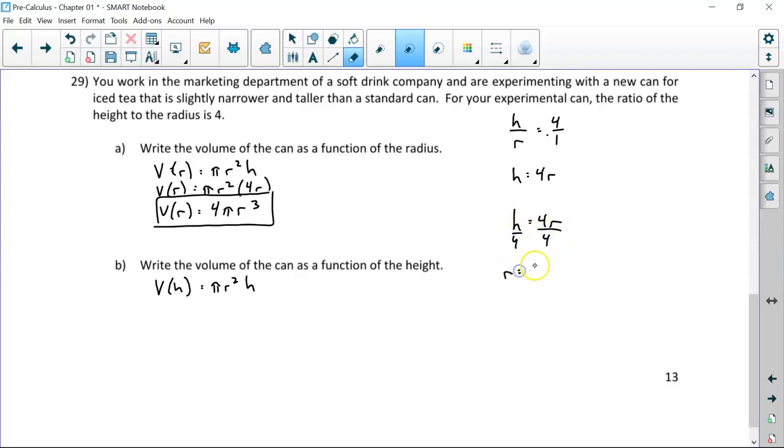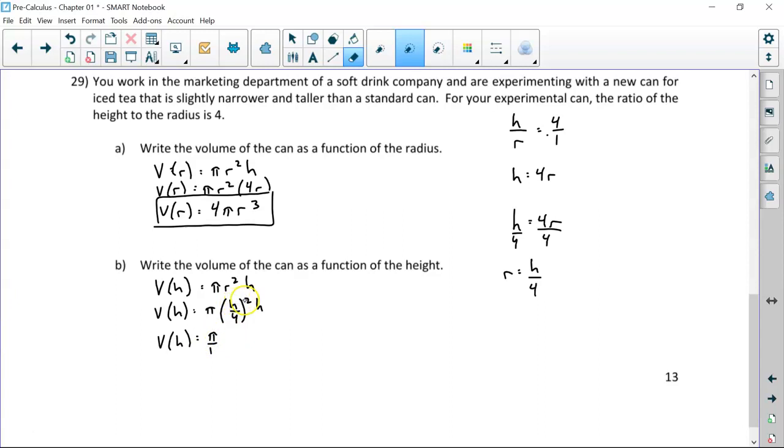So the radius is the same as H divided by 4. So it's going to be pi. Now instead of writing the radius, it's H over 4, and we're squaring that, times the height. So volume in terms of H is going to be pi. I'm going to put that over 1 as a placeholder.